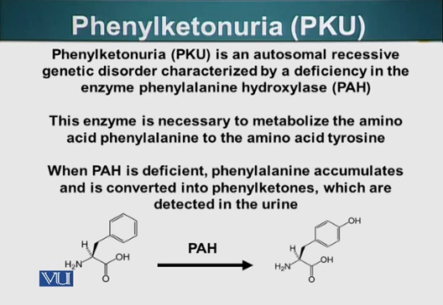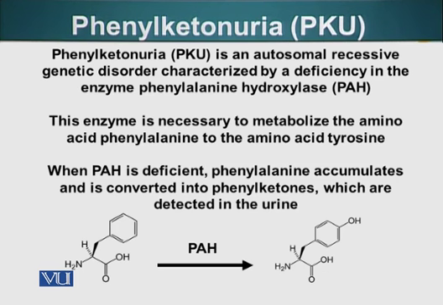Tyrosine is also used by the body to manufacture pigments, melanin, which gives us our skin color. So when this enzyme is deficient, phenylalanine accumulates. As we talked about, when it accumulates, it can get shunted or forced into side metabolic pathways that can result in production of phenylketones.